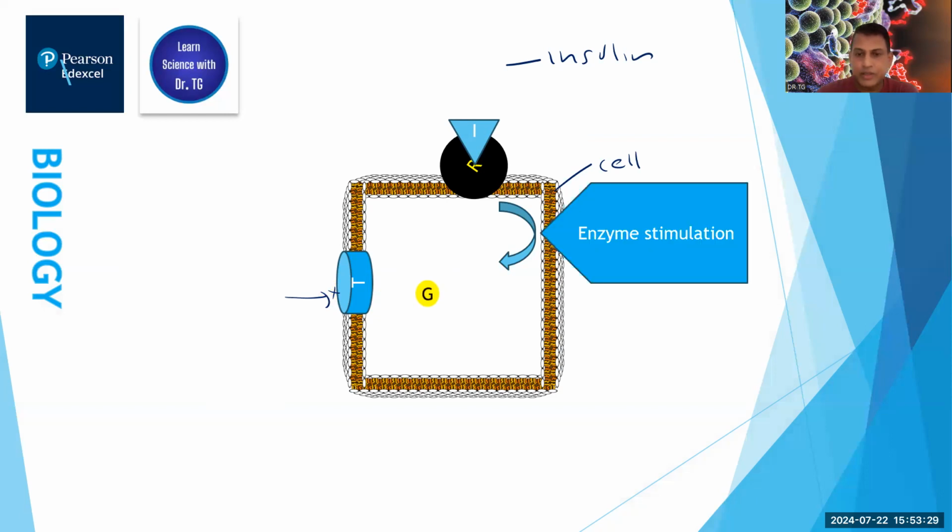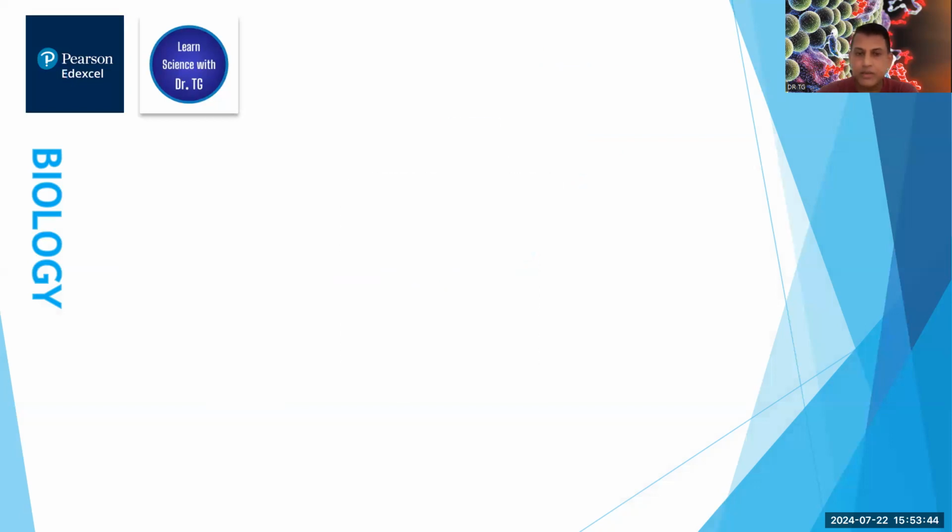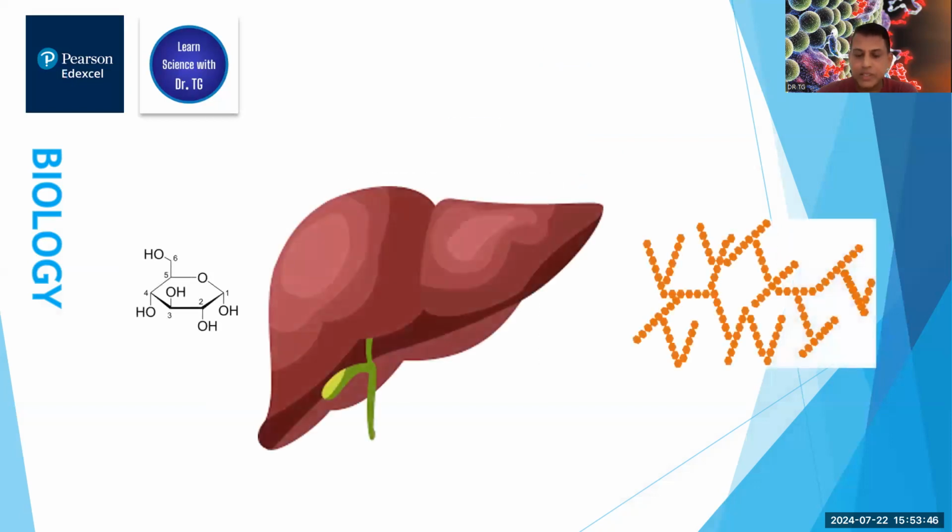So insulin stimulates some of the enzymes and chemicals to translocate the transporter to the cell membrane, and glucose can come in. Another function of insulin is it can convert glucose into glycogen.